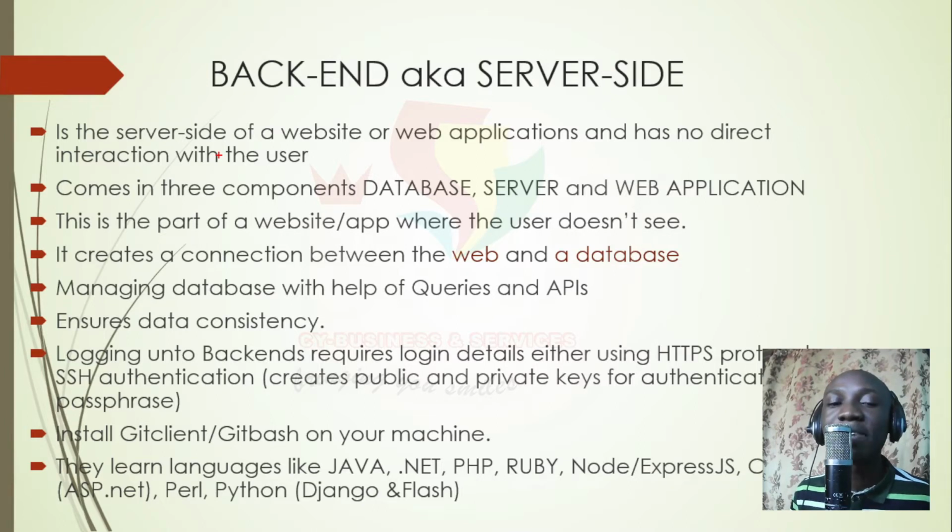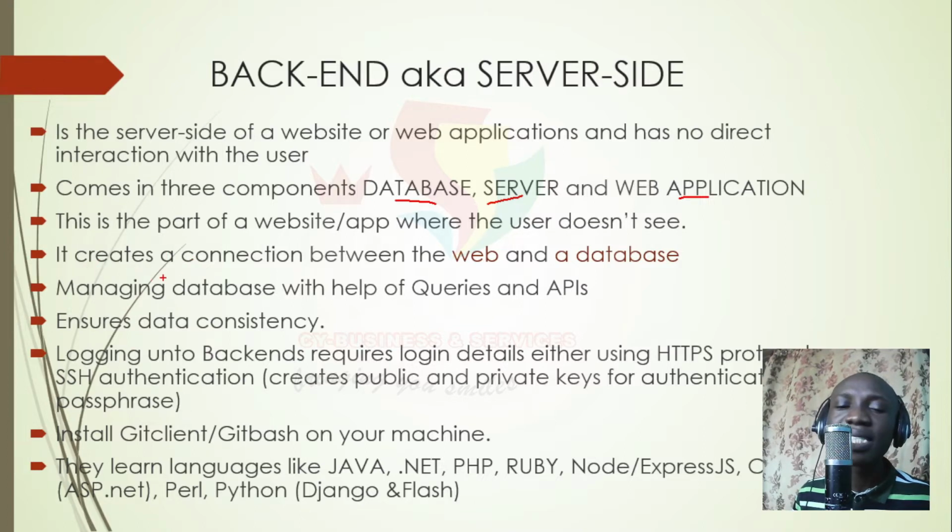Backend is the server side of a website or web application and has no direct interaction with the user. So the user doesn't really see this part. It comes in three components, where we have the web application, the server, and the database. We will be looking in depth into all of them. Now, this part of the website is where the user doesn't see, like I've already said.